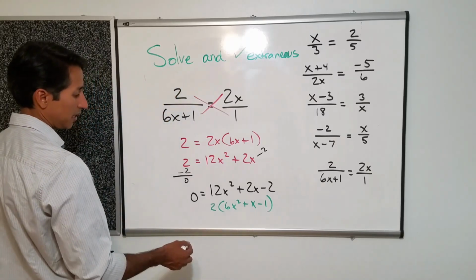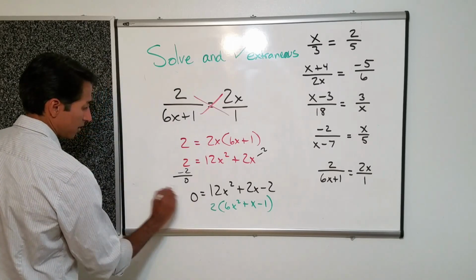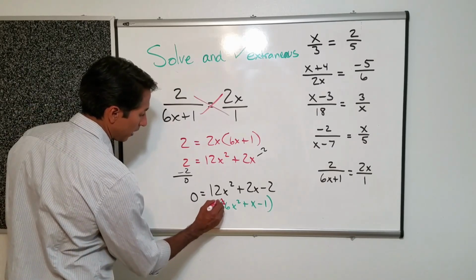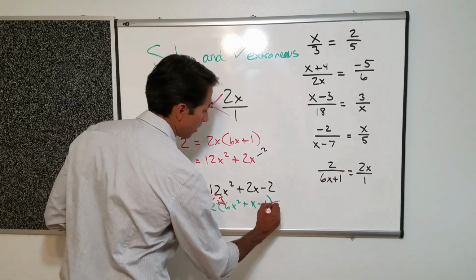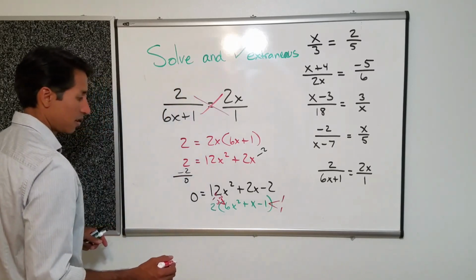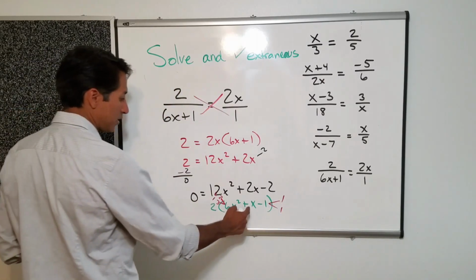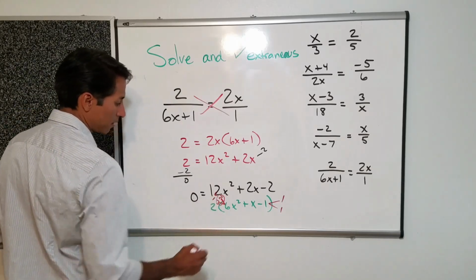So let's see. The 6 is going to be here. I can do a 2 and a 3, or a 6 and a 1. A 1 is just going to be a 1 and a 1. So I really don't have much to work with, but I need a positive 1 in the middle. So I'm going to go with 2 and 3.